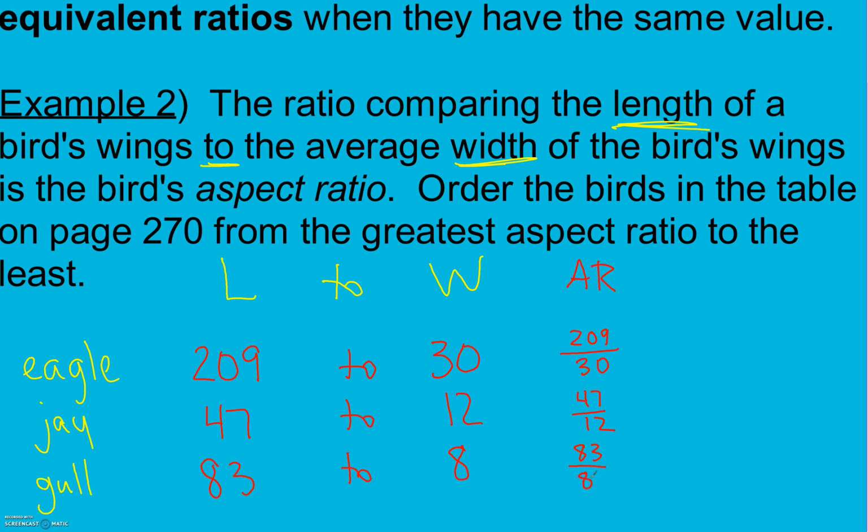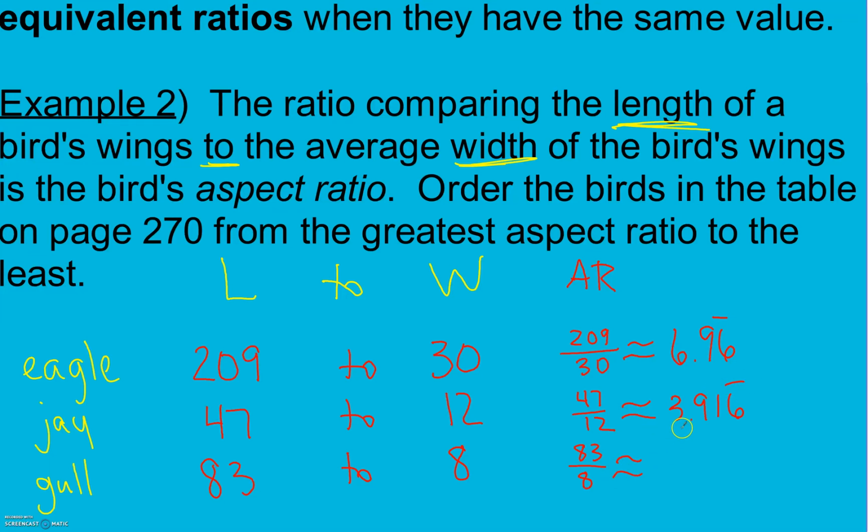Now, if we look at those, it's not necessarily easy to tell which one's smallest and which one's biggest. But if we write these all in a comparable form, like a decimal, we can see the ratios in a comparable manner. If we divide, we get approximately 6.96 repeating for the eagle. For the jay, 47 divided by 12 is 3.916 repeating.